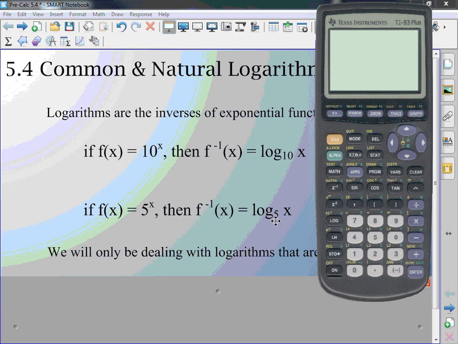Base 5 is different. Base 5 can only use the numbers up to 5. So it's 0, 1, 2, 3, 4. Now it starts over again. What's my first number after that? 0, 1, 2, 3, 4, 10, 11, 12, 13, 14, 20, 21, 22, 23, 24.